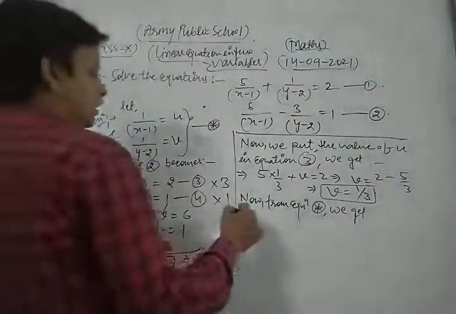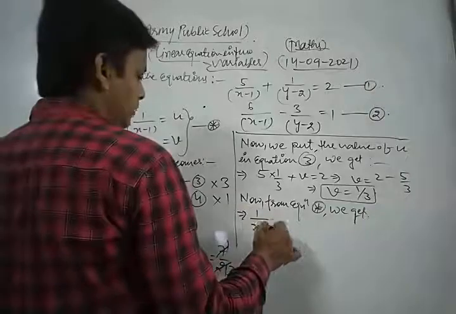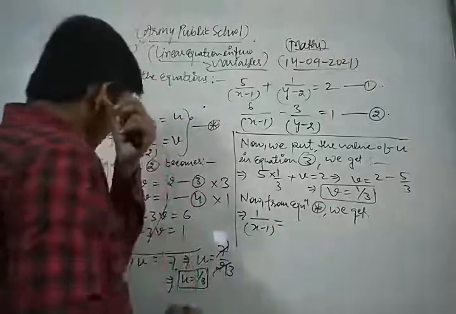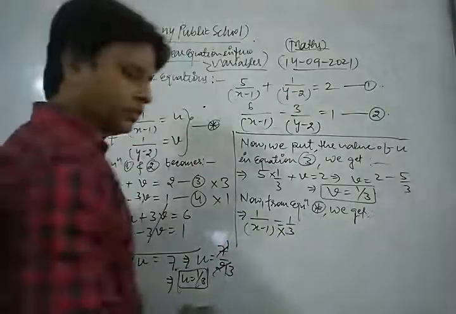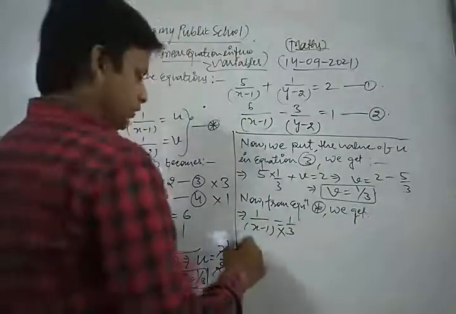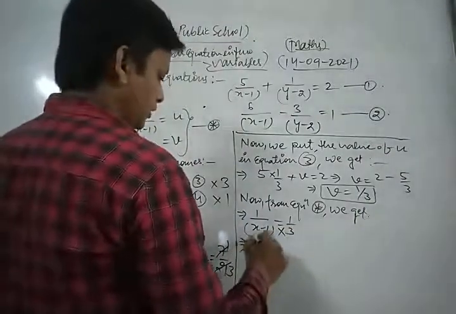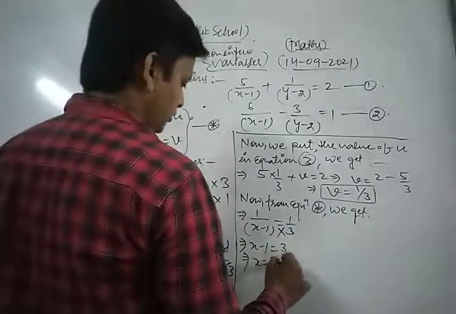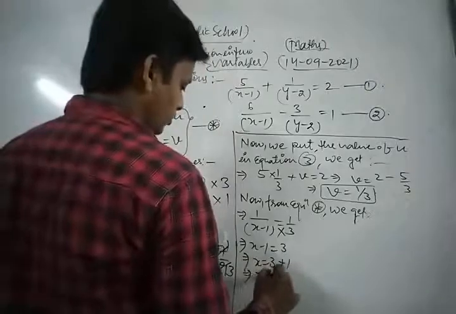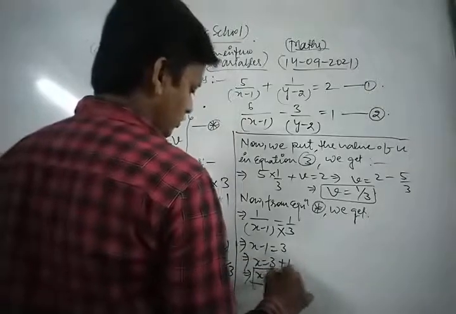From equation star we get 1 upon x minus 1 is equal to the value of u, which is 1 upon 3. We do the cross multiplication, so x minus 1 is equal to 3, that is x is equal to 3 plus 1, so x is equal to 4.